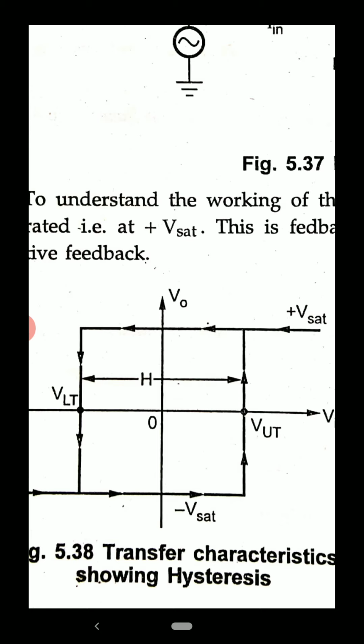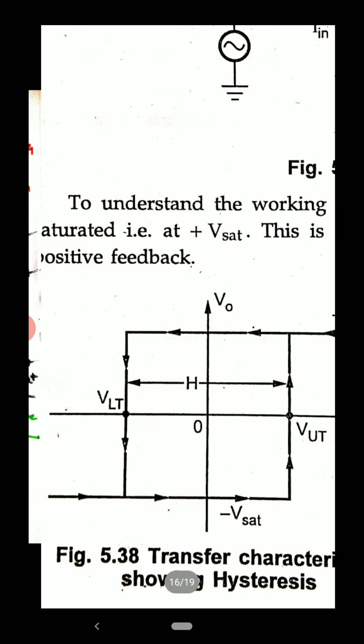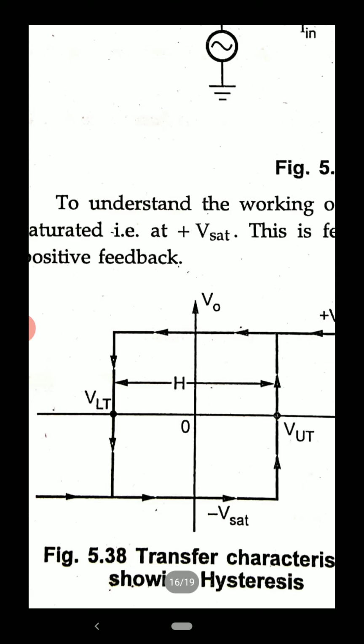It will remain as plus V saturation only until you reach less than VLT. Once your input voltage reaches less than VLT or minus V reference voltage, your output changes from plus V saturation to minus V saturation. For all the values less than minus V reference or VLT, your output will remain minus V saturation only.